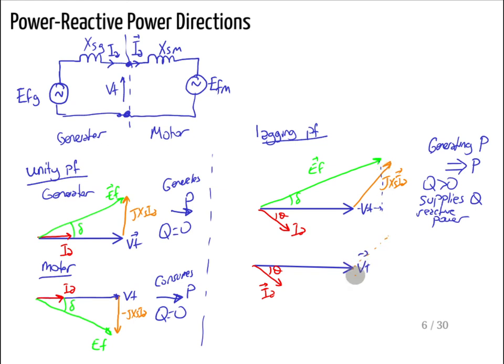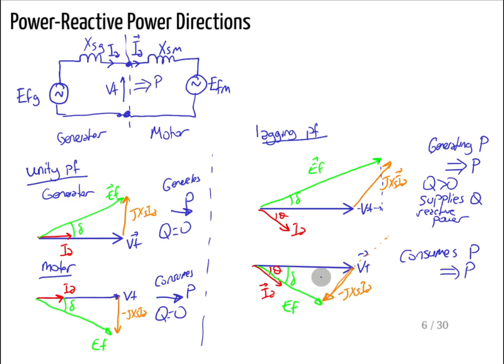It will not be coming in that direction; because of convention, it will be in that direction, so it is minus jXS IA. I can draw EF to here, and this is my delta. As you can see, EF is lagging VT, so it consumes P. Again, it is using some power.